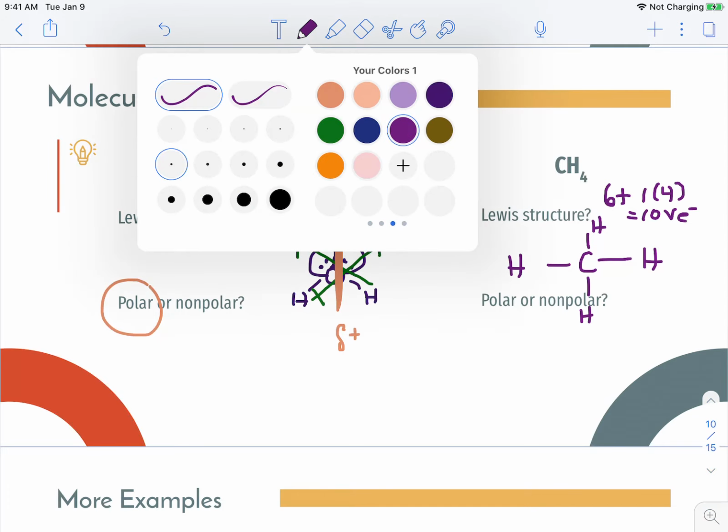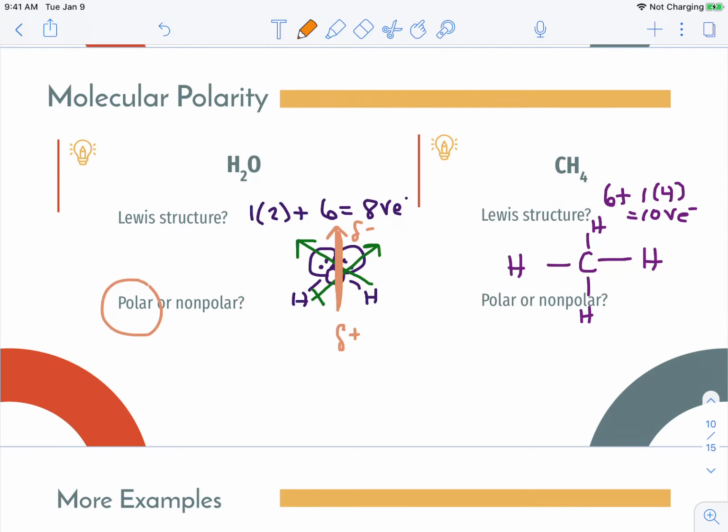And then we see that carbon has a higher electronegativity, so it's going to pull that hydrogen down. It's going to pull this hydrogen up, and those are going to cancel each other. Okay? Same thing here. Carbon's going to pull the electrons closer to itself, to the right from that hydrogen, to the left from that hydrogen. So notice that all of these pulls on the electrons are going to end up canceling out. When they cancel out, those directions, that pull, we have a non-polar covalent bond, or molecule.